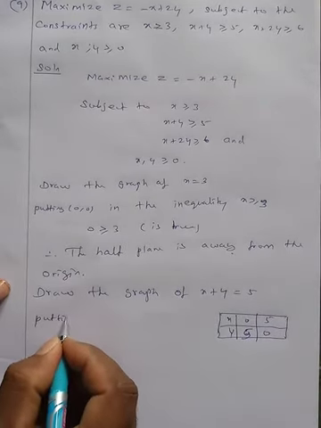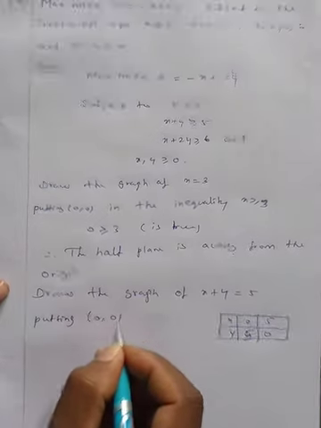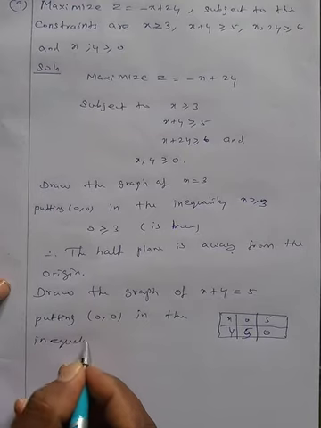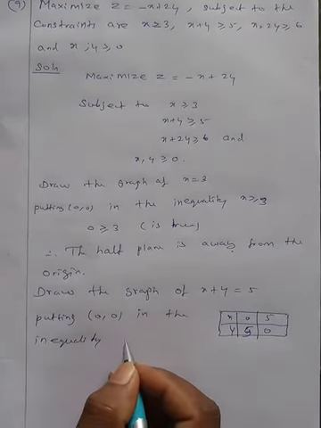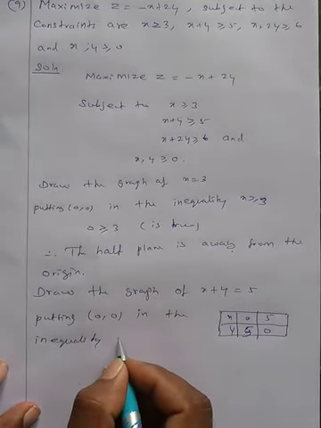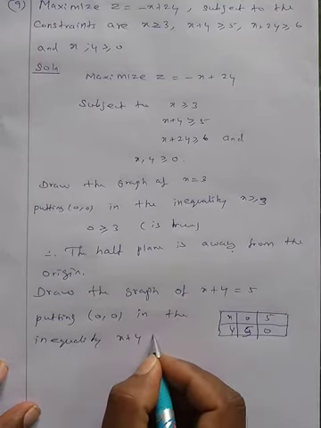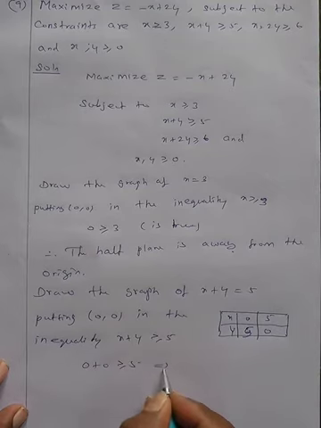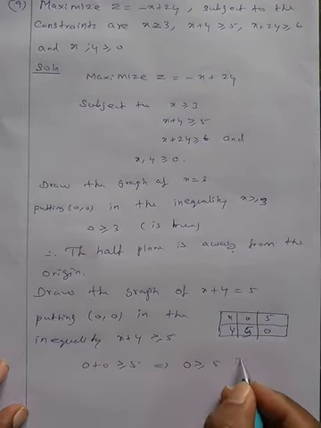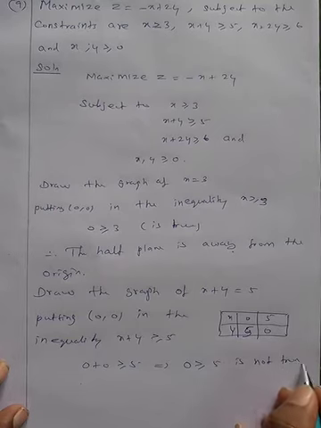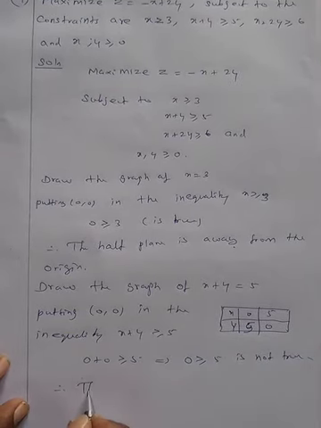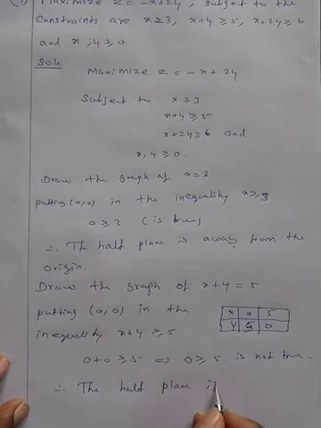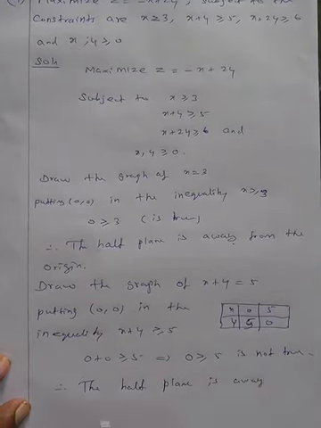Putting (0, 0) in the inequality x plus y greater than or equal to 5: 0 plus 0 greater than or equal to 5, which implies 0 greater than or equal to 5 is not true. Therefore, the half plane is away from the origin.